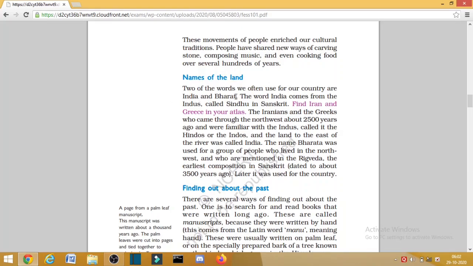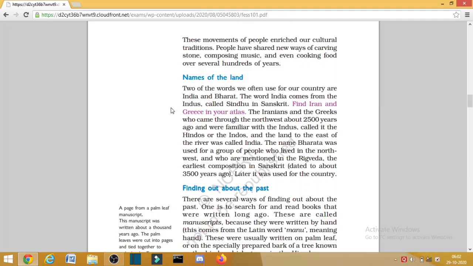The word India comes from the Indus, called Sindhu in Sanskrit.